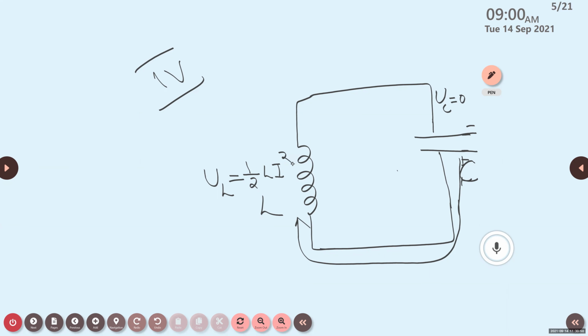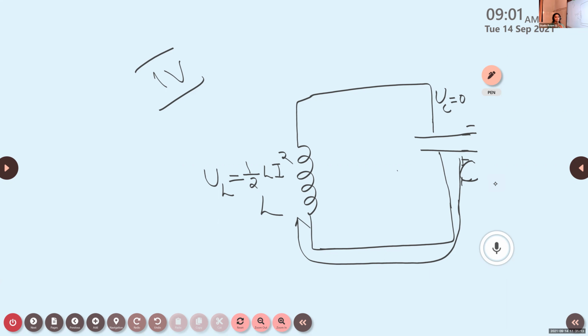The oscillation of energy or charges between this inductor and capacitor.